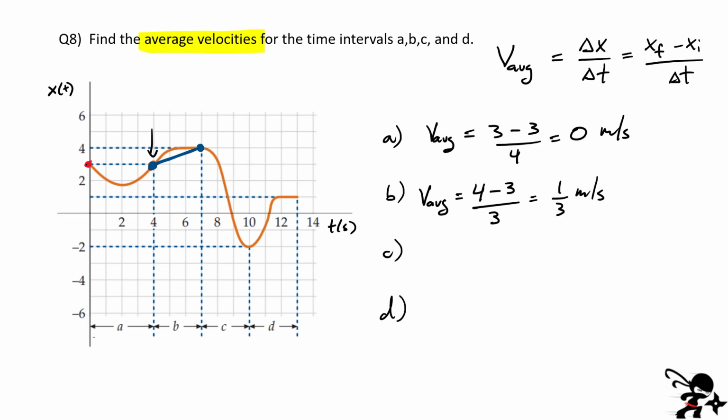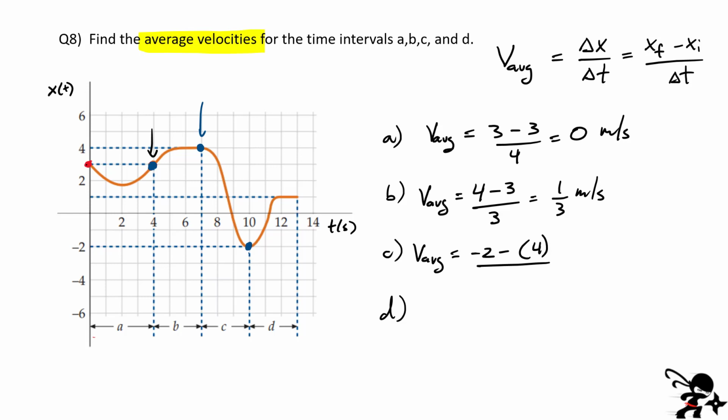How about C? So for C, let's get rid of this. For C, this here is my initial, and my final is right here. Okay, we're going to apply our definition again. V average for that time interval. Again, it's my final position. My final position is right here, and that's minus 2. And minus my initial position. My initial position we said was 4. What is the time interval?